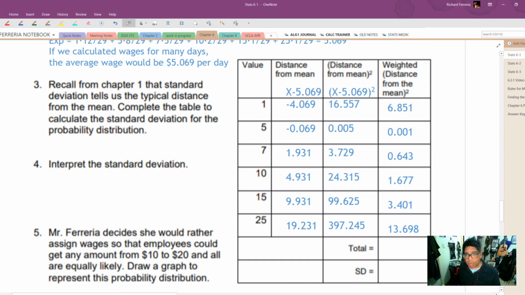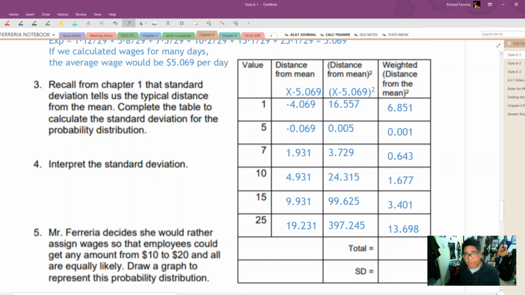All the way down to 25, the deviation is 19.931. The square of that deviation is 397. And then if we multiply that by the probability of getting a wage of 25, which was 1 out of 29, we get 13. So those probabilities kind of bring these numbers back down to scale, if you will.